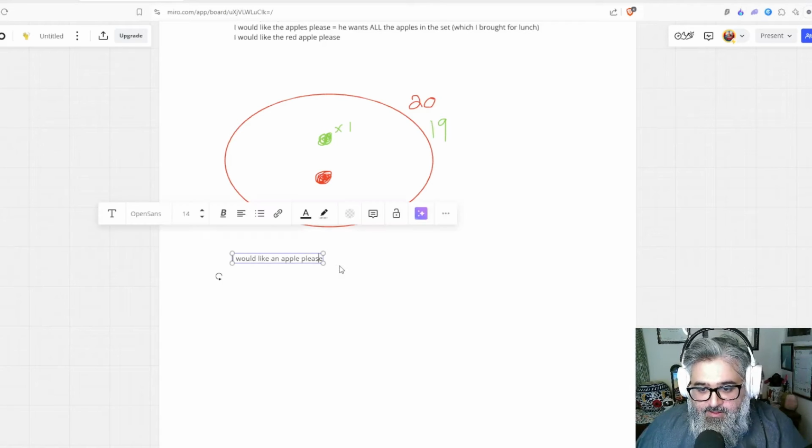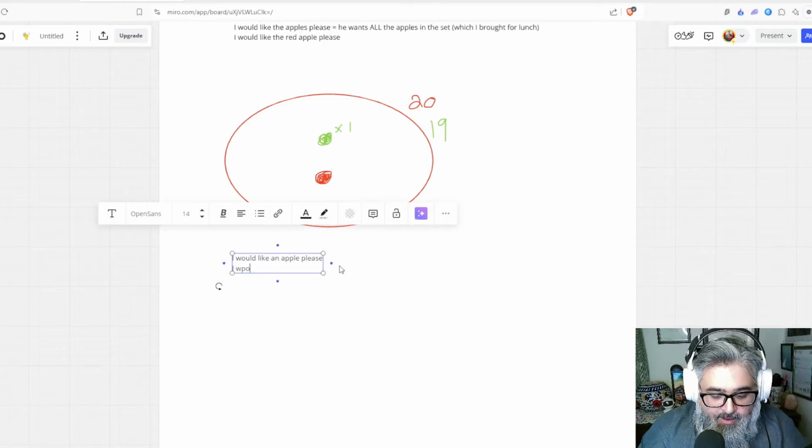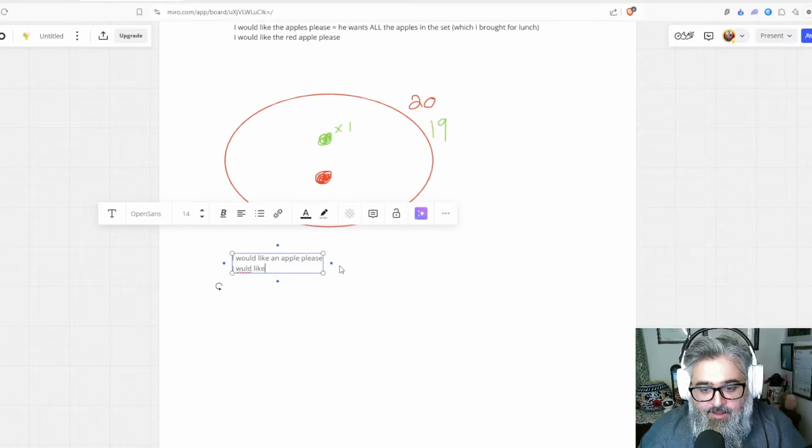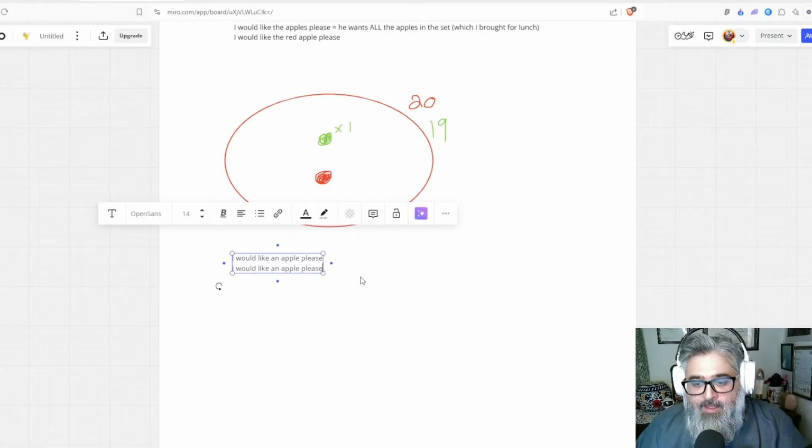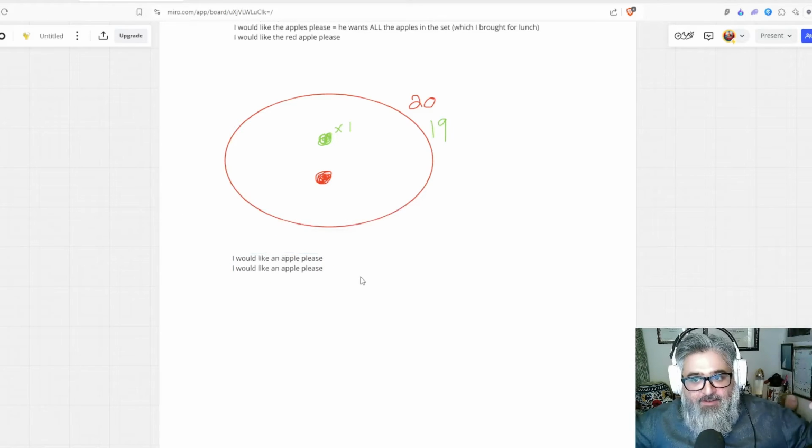In this case, I would like an apple again. So he's still going to use I would like an apple, please, because he doesn't want the entire set of 19 green apples or 20 apples that I brought for lunch. He only wants one apple, right?